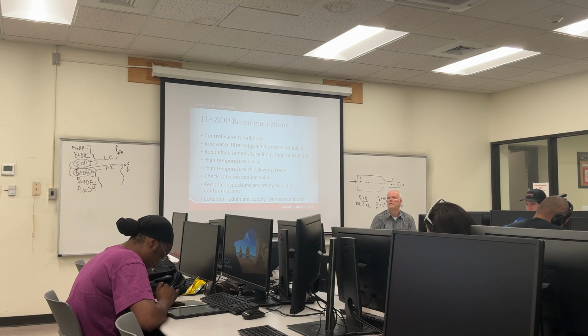So usually in a HAZOP, you say, consider this, or consider that. So later, whenever you do the actual risk analysis, you can look at it and use what is appropriate and not be tied into doing dumb stuff that costs lots of money and doesn't help.